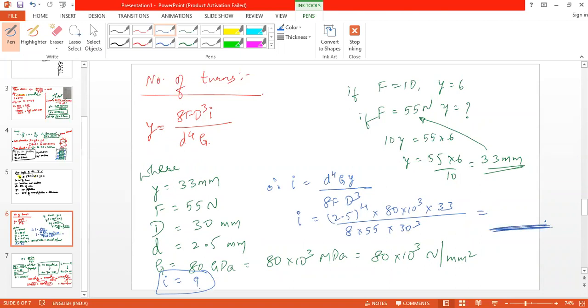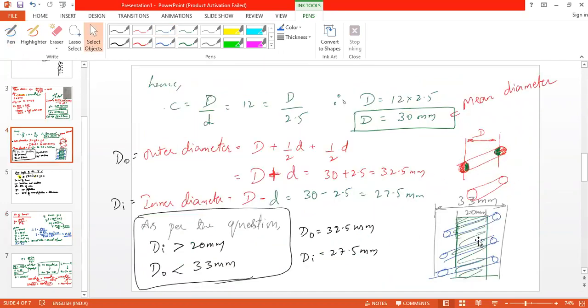So what is the value of I? 8.68, right? Yes, sir. 8.68. See, the number of turns is 8.68 turns.